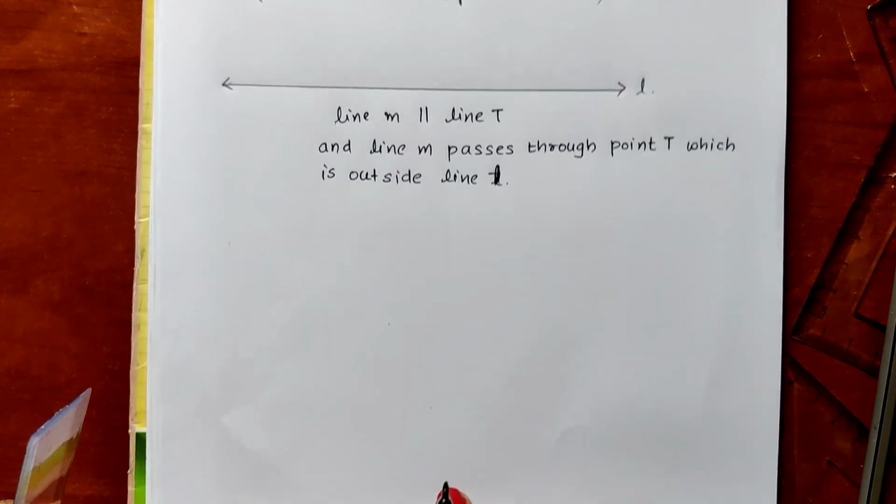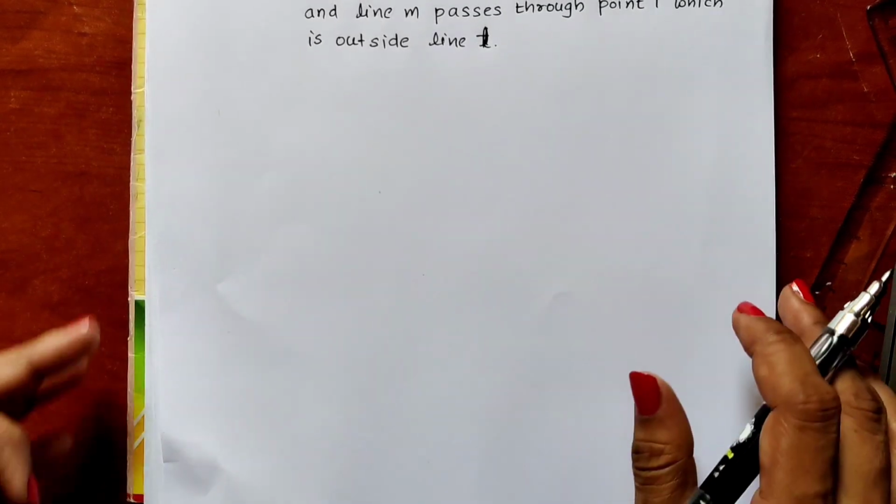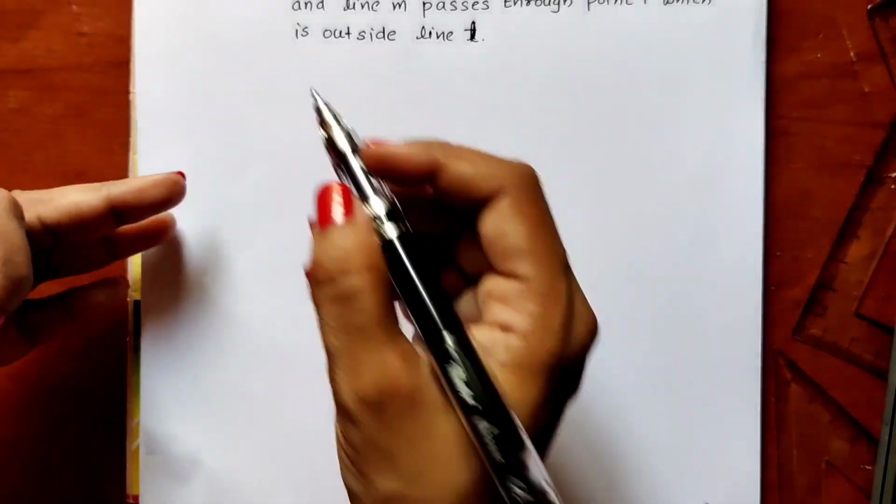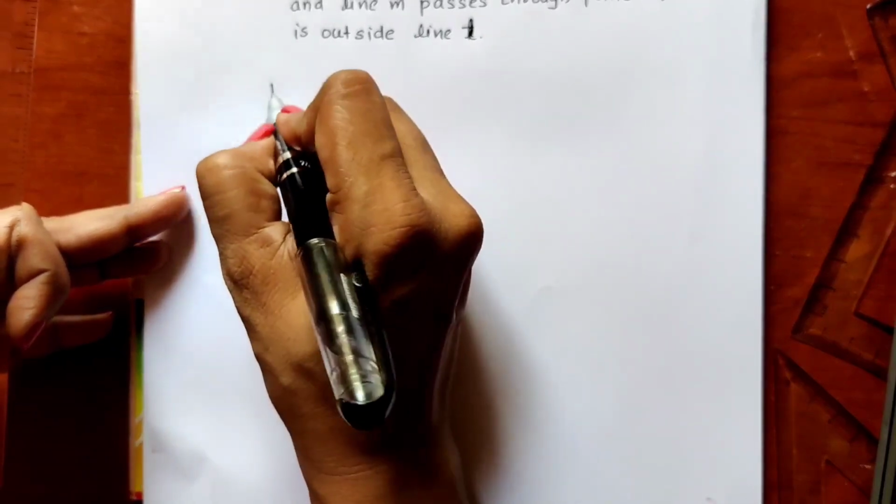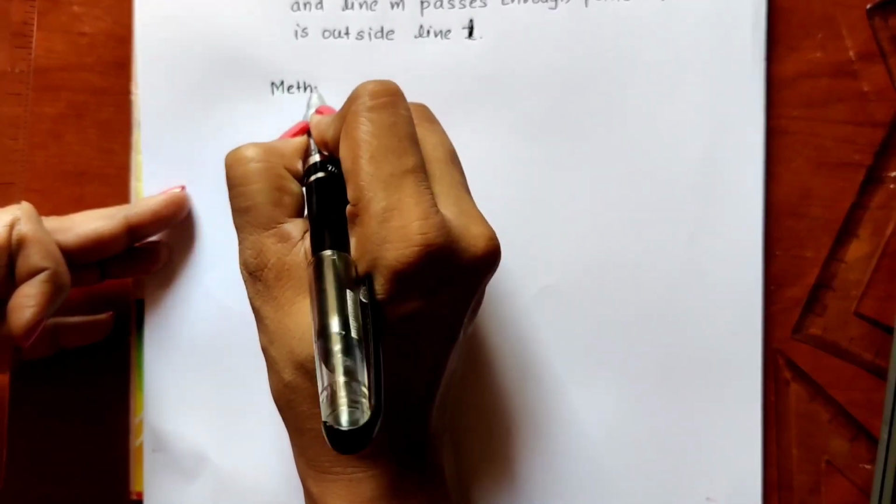Now let us use second method and draw a line parallel to line L. So this is second method, method 2.